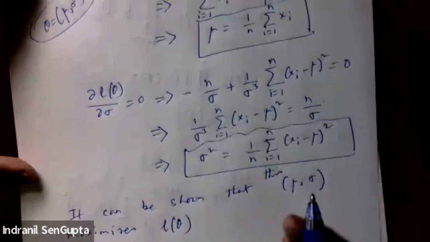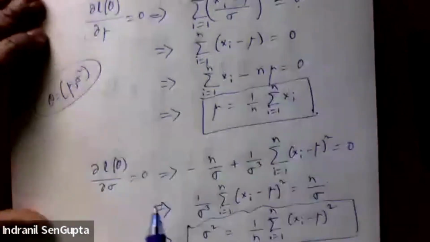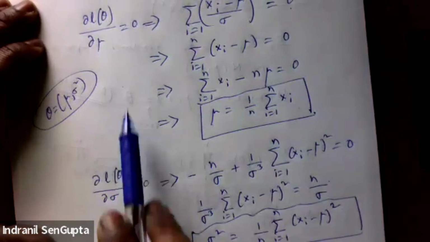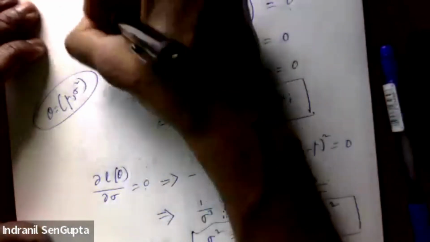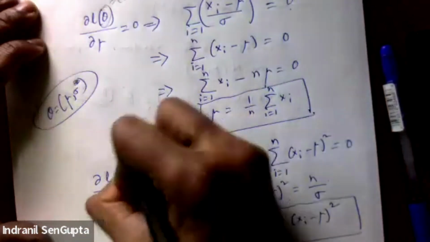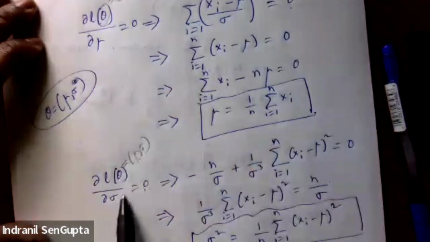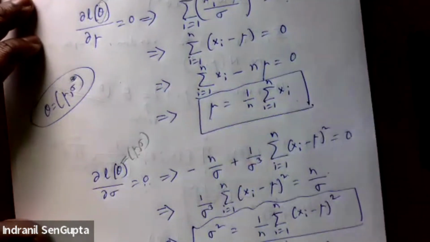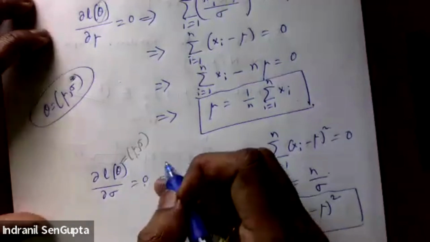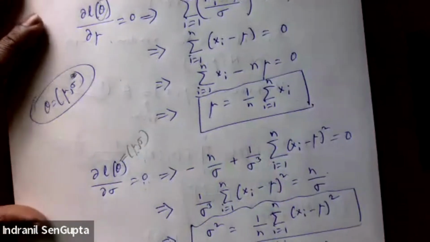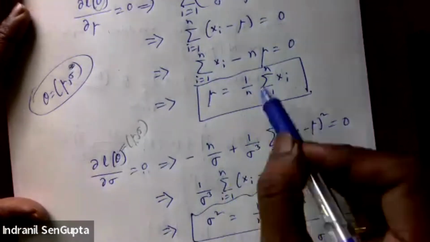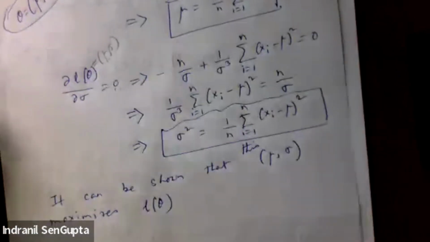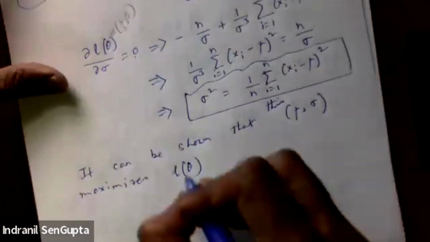Note that whenever you have these two equations and you find some mu and sigma, theta really means mu and sigma. Now, what it really means is it's a critical point, meaning that it can either maximize or minimize, right? What we are saying is that these values are actually maximizing L theta.